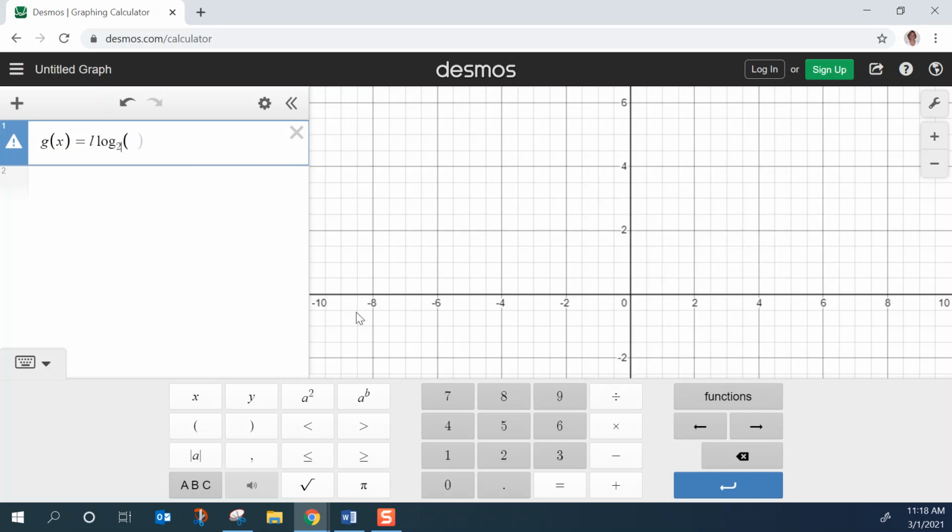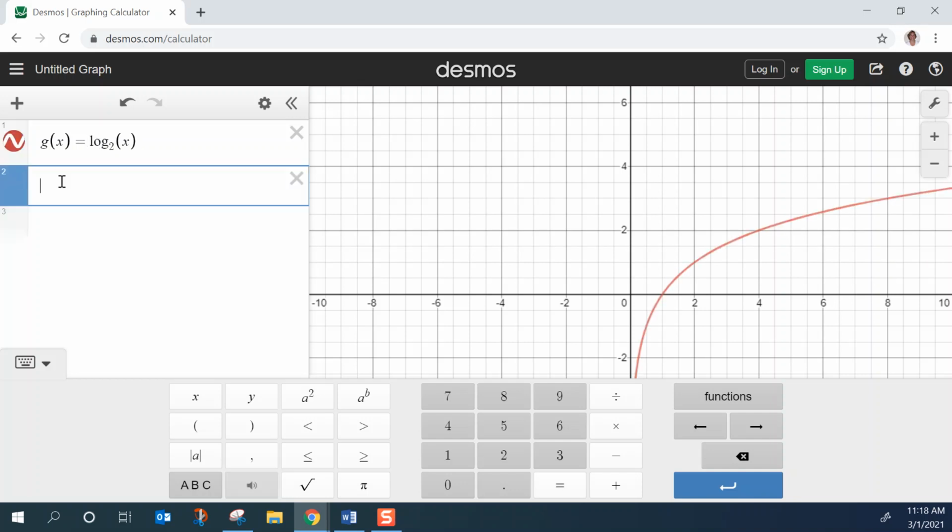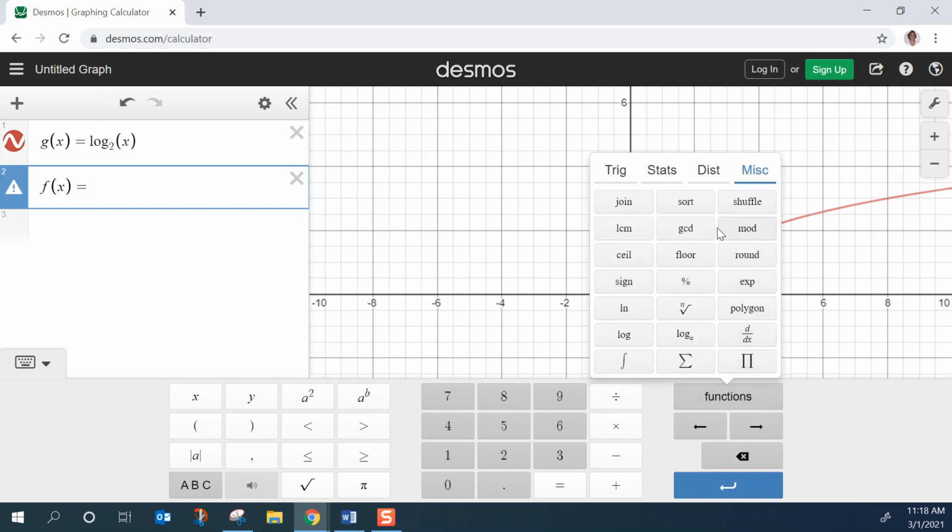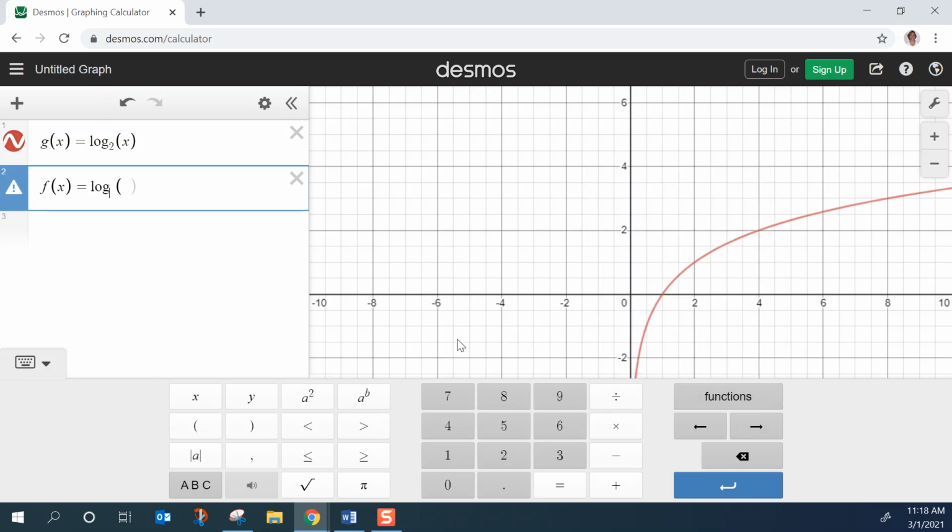So it's log base 2 of x. And then our function f of x was equal to, grab that miscellaneous function, log base 2 of 3 minus x.